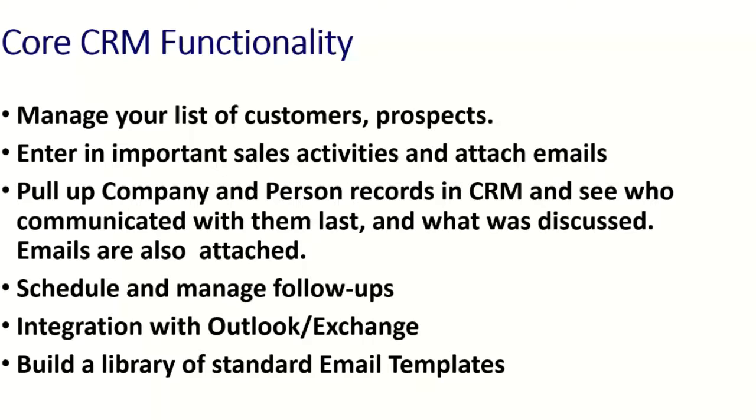And then another core feature is email templates. You may have communications that you are doing repetitively. Maybe you're sending out a credit app, or you're following up on open quotes. Those are all emails that you send out over and over again. You can build those into the system as an email template, and I'll show you that shortly here as well.